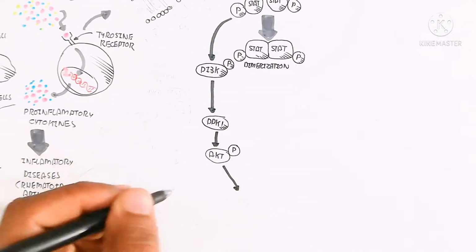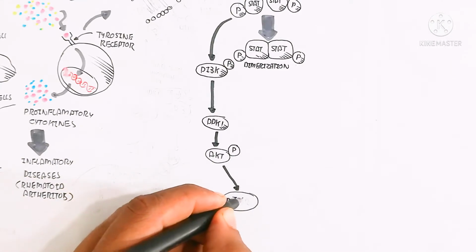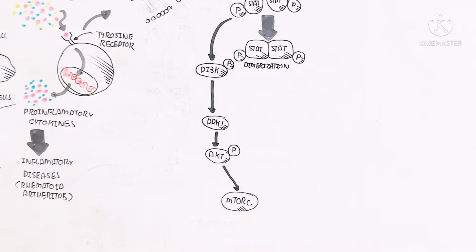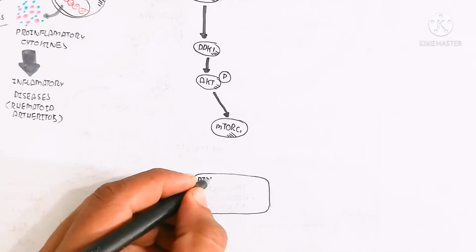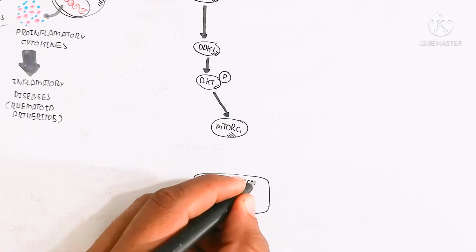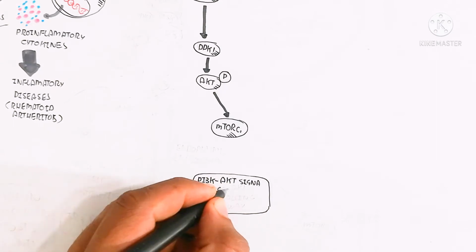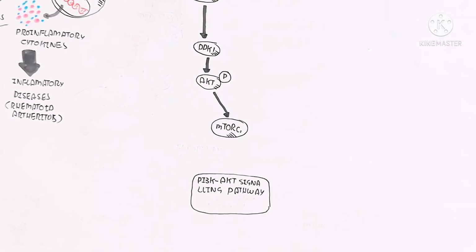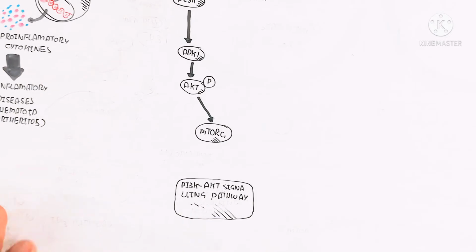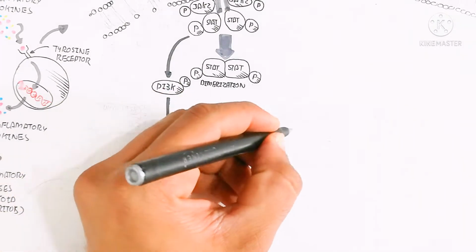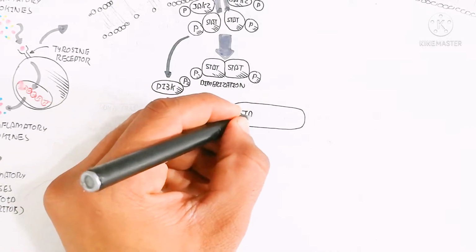On the other hand, the mTORC1 complex, the transcription factor AKT, will produce mTORC1 gene activation to produce the mTOR. So this is the mTOR, and in this way here is the PI3K and AKT signaling pathway. This is another pathway, and here is the STAT pathway.